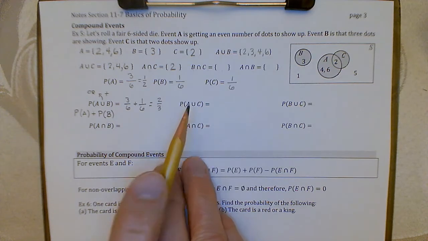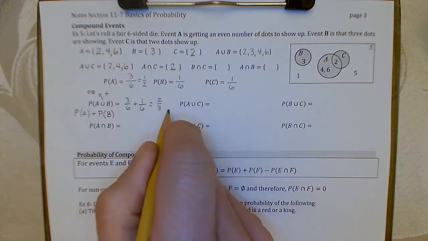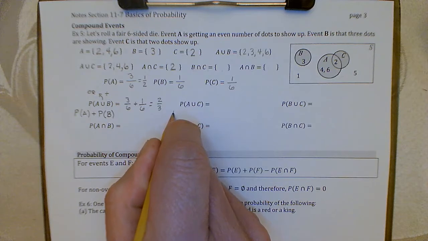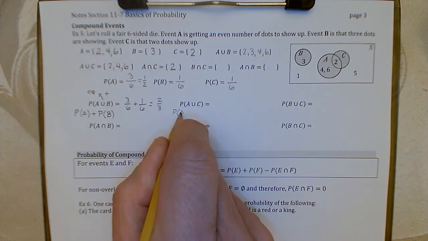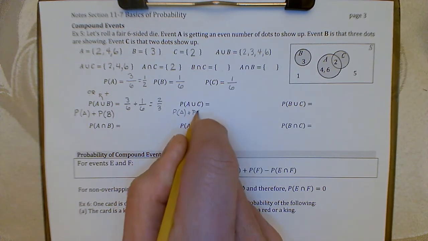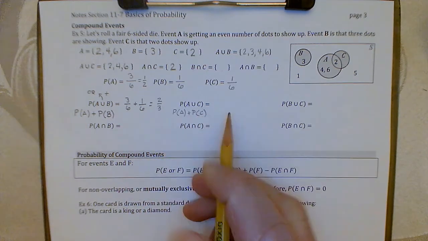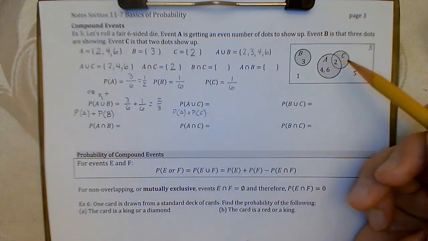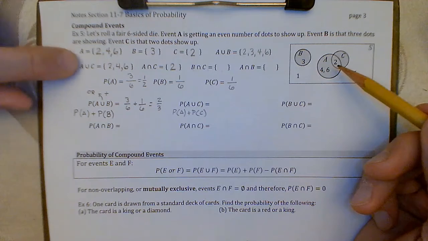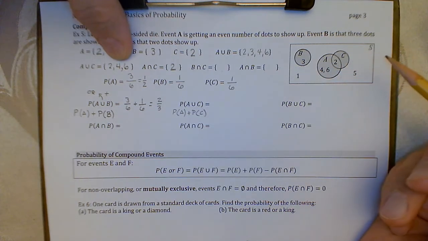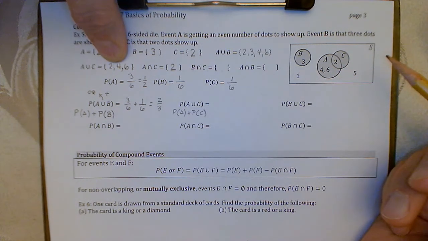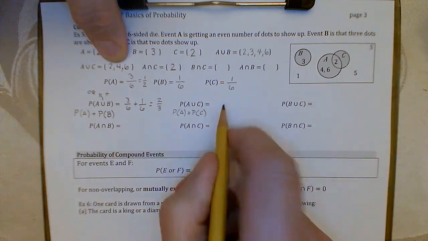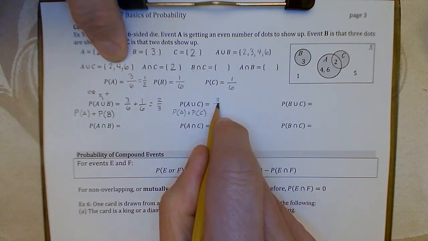So for the probability of A union C, if we use the same idea and say, oh, that's the probability of A plus the probability of C, you'll see that that is not correct. Because if we look here, the union of the two has 3 elements in it, so we know this should be 3 out of 6.